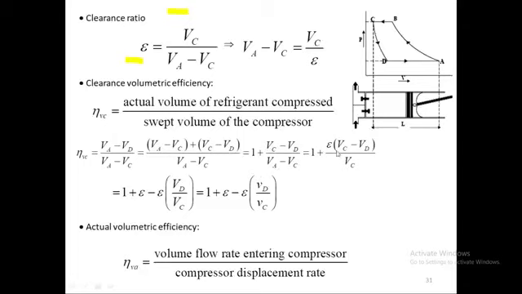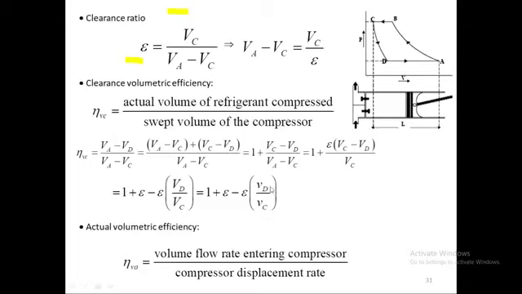We can do further simplification, so it will be 1 plus epsilon, VC and VC give you 1, minus VD upon VC, and this is simply going from total volume to specific volume.